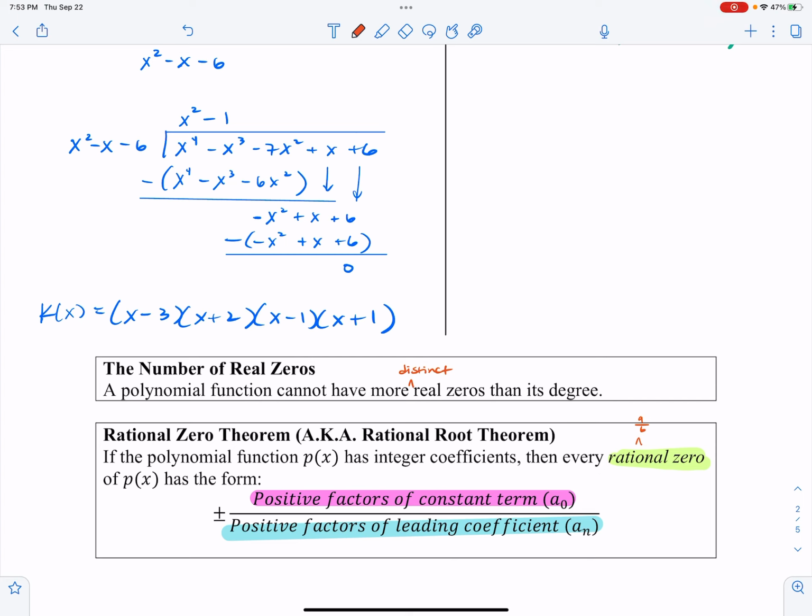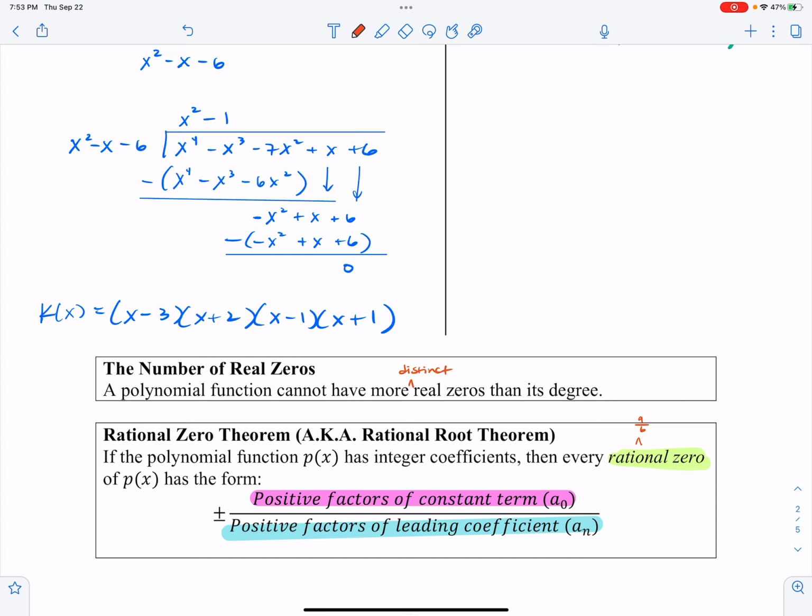Now, from this list, you could find all of the rational zeros, or none of them could be a zero of the polynomial, right? You could have a polynomial with all complex zeros, so numbers in the form a plus bi, which we'll talk about in section 2.5, or all irrational zeros.